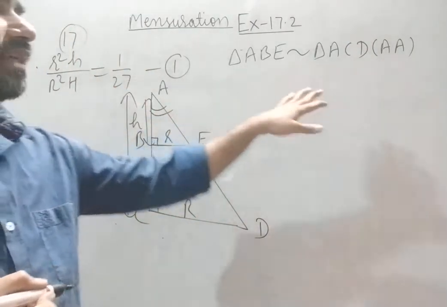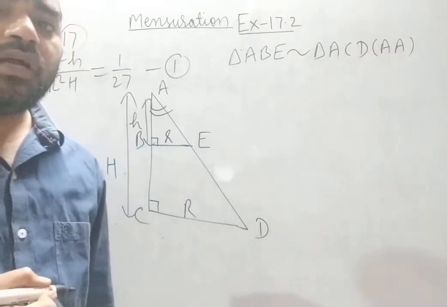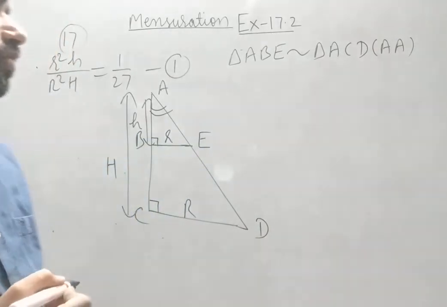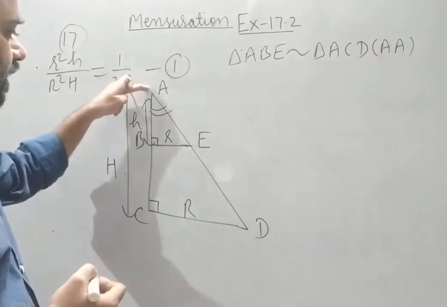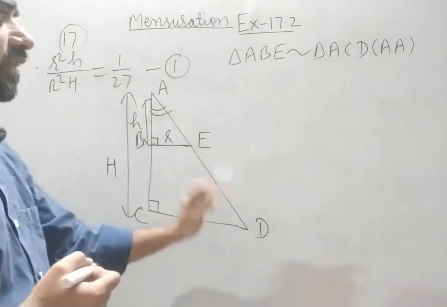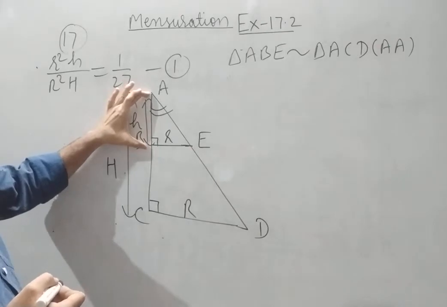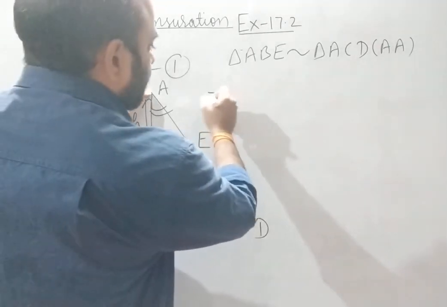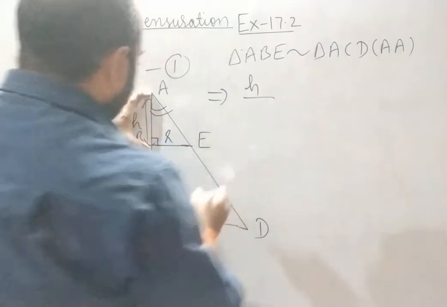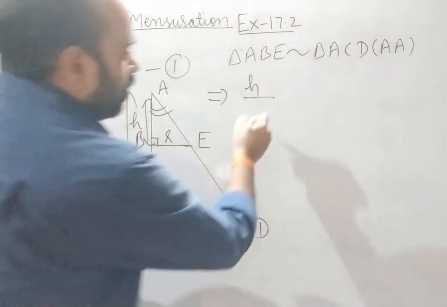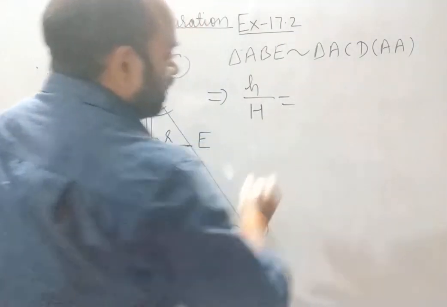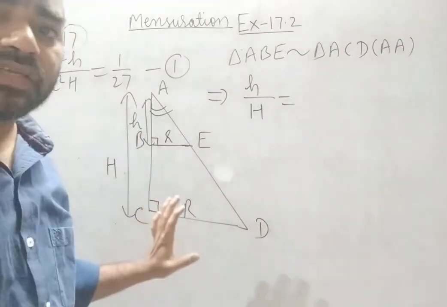When the triangles are similar, their sides are in proportion, in the same ratio. If we take small h of the smaller triangle, then we have to take capital H of the bigger triangle: small h upon capital H.